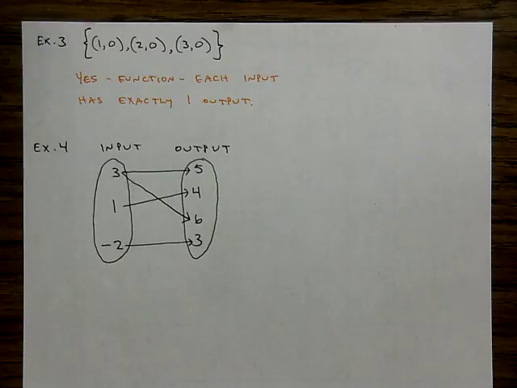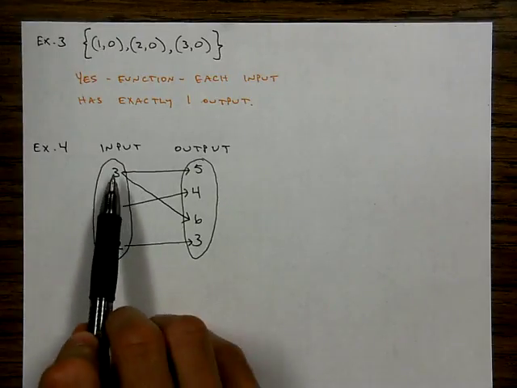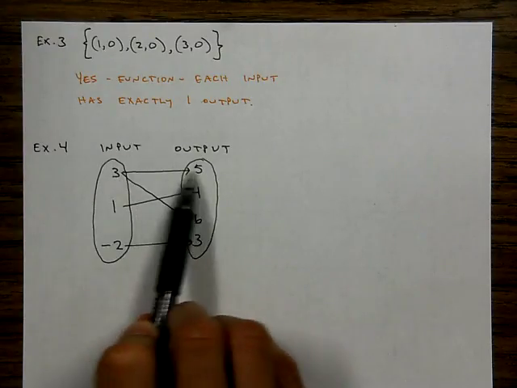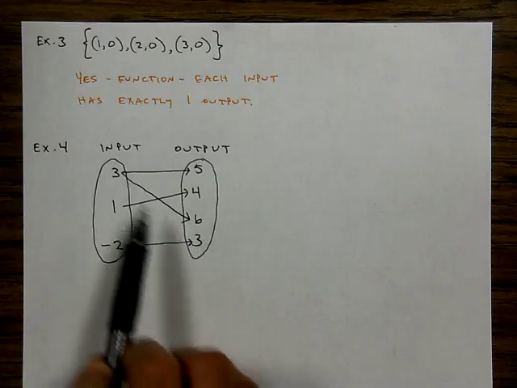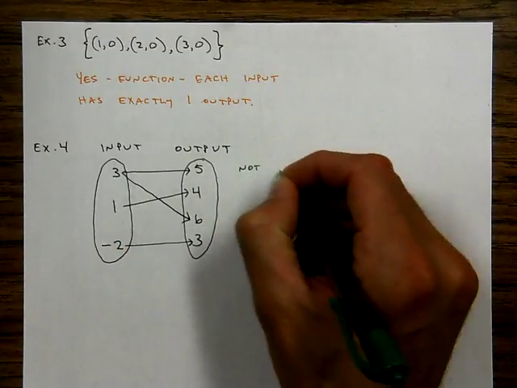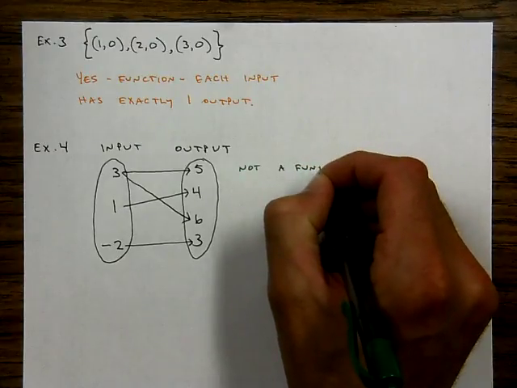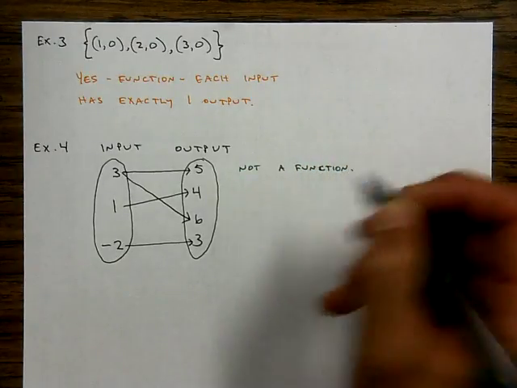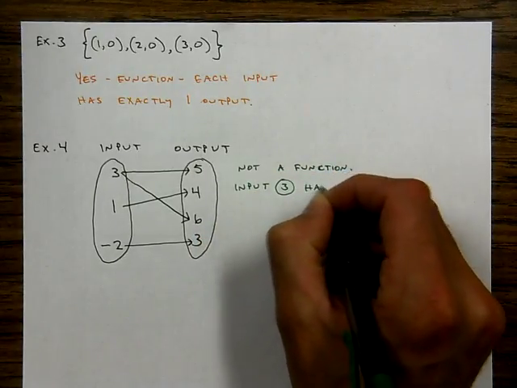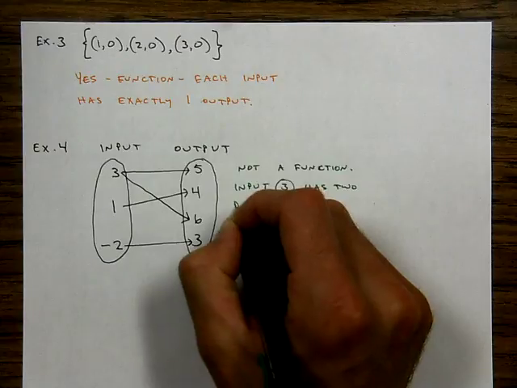All right, so right there is my map, or mapping. So again, the question is, is this a function or not? If I look at the input 3, it goes to 5, and it also goes to 6. Well, that's the same input with two different outputs. That means that this is not a function. So specifically, it's because the input 3 has two different outputs.